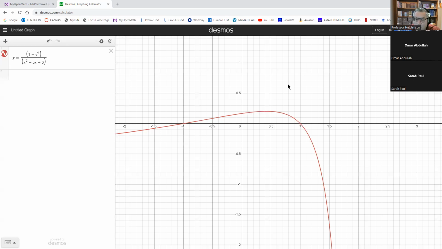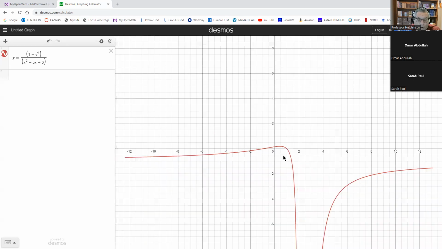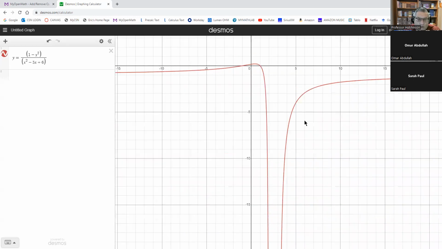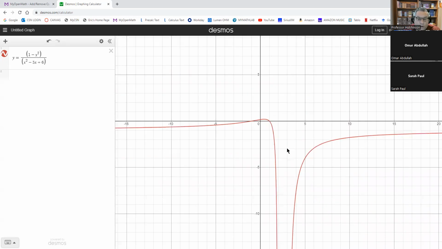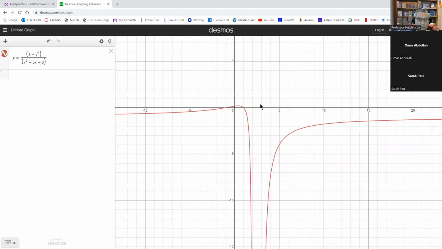That would make sense. Now, we have a vertical asymptote. Desmos doesn't show that, so just to let you know, when you graph this, it's not going to show it. But if we imagine the line right at negative 3, that's where we have kind of a dotted line, so that would be correct. We do have a vertical asymptote there.